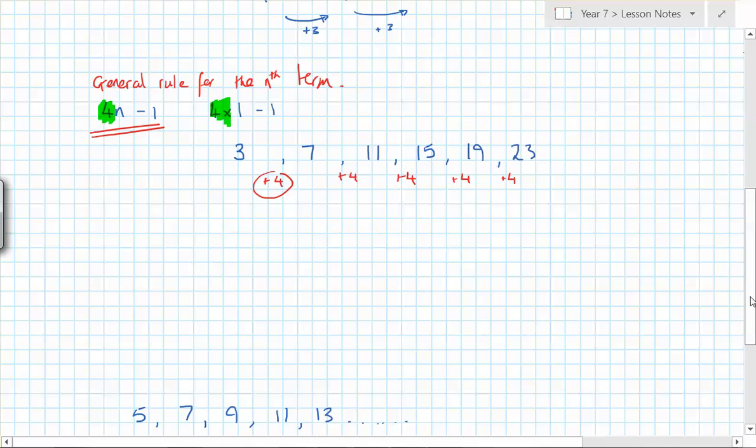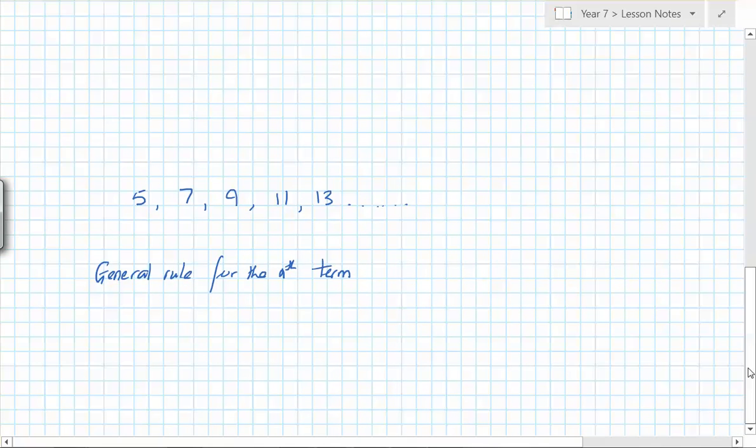Does this sequence go up in 4s? It goes up in 2s. So what do we therefore know it's not going to start with? 4n. So it would be 2n.